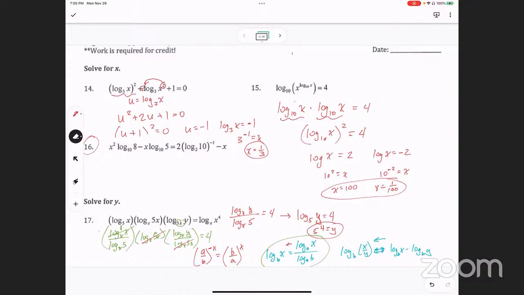So I still like the idea of making this 3x squared log base 10 of 2 minus x log base 10. I wish this was log base 10 of 2.